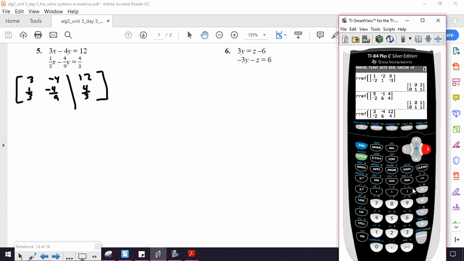I don't need a negative sign here, so delete, delete. But I do need a fraction. So we go alpha y equals 1 for a fraction, 1/3. All right, now I'm on the 6. Let's delete that. Now it's empty.